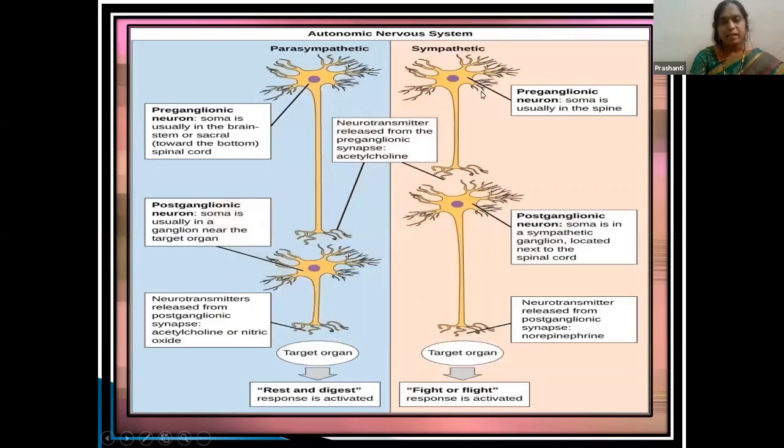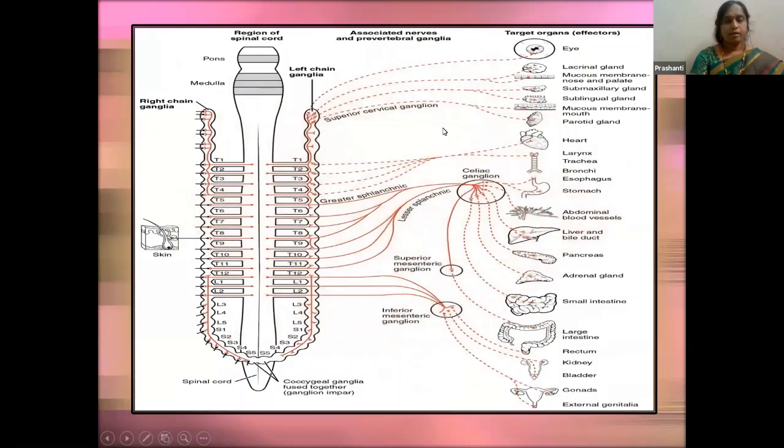So in this ganglia, when you see the preganglionic neuron, that is the first neuron arising immediately from the spinal cord. So here it is forming an interneuron, that is the connection that is called the synapse, and from there it gets connected with the second neuron fiber, that is the postganglionic neuron. And here see children, the preganglionic nerve fibers are very short, and later it is divided into several branches.